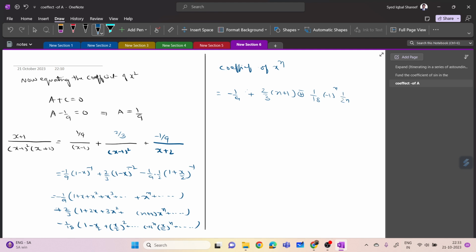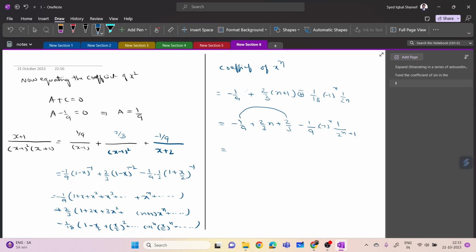So we can simplify: 1 by 9, 2 by 3 n plus 2 by 3, minus 1 by 18, (minus 1) to the power of n, 2 to the power of n plus 1. This we can simplify.